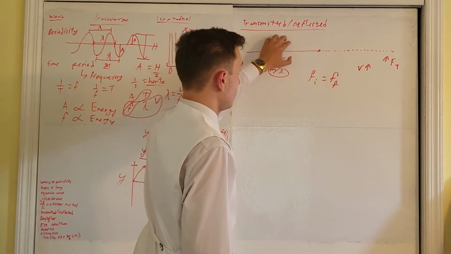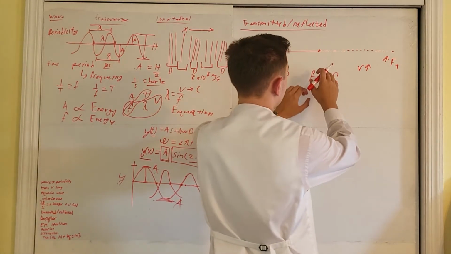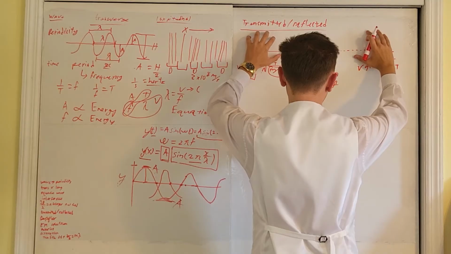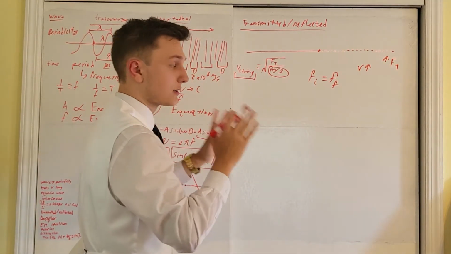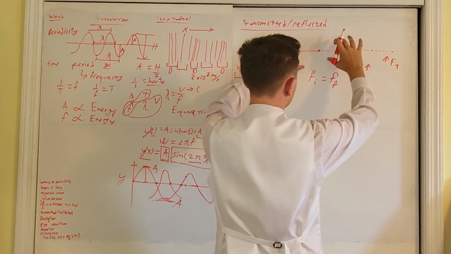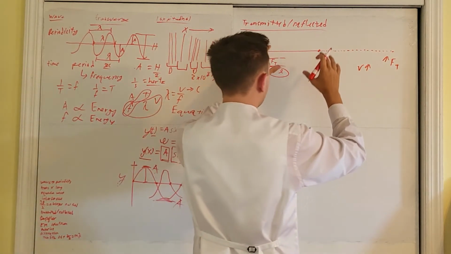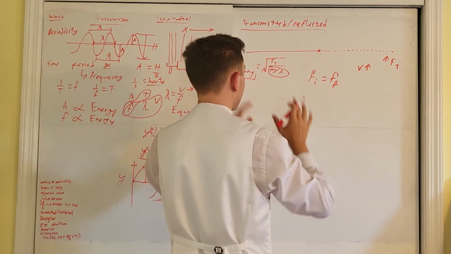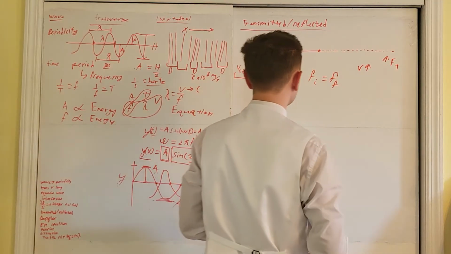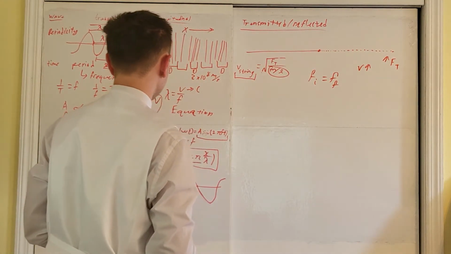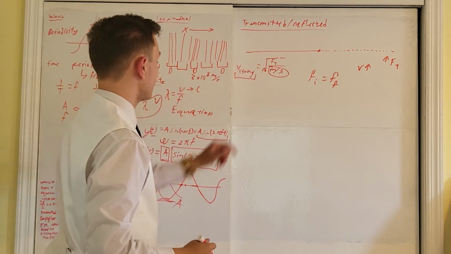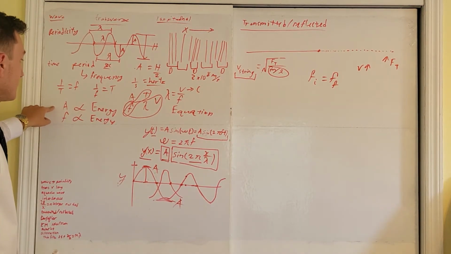Okay, so if I start with one wave and that wave splits into part of a wave that is transmitted and part of a wave that is reflected, due to conservation of energy, the two waves that are the product of the collision must have less energy each than the single wave that produced the two of them. Okay? So what does that mean? If energy decreased for each wave individually after the collision, their amplitude must have decreased.